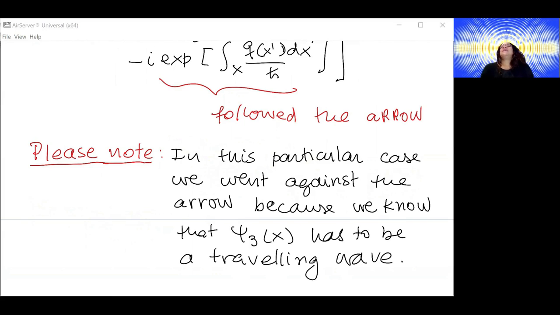One could ask ourselves, why don't you start from region 1? Well, we still have something reflected, right? But region 3, we know that we have to have a traveling wave and that we are not going to have any reflection. So it's something we already know.